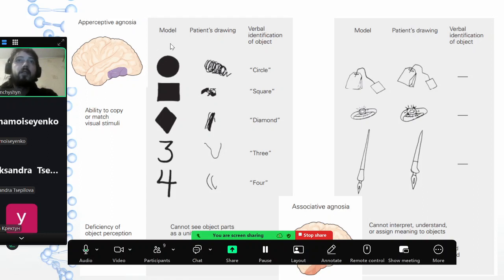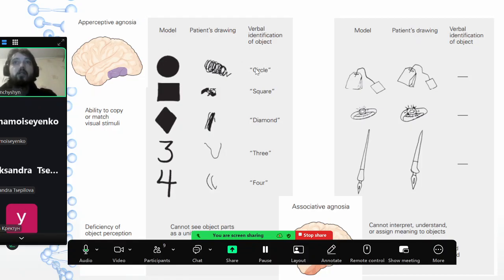And here you see the visual stimuli that were shown to the patient, and he was asked to copy them. And here you see the patient's drawings. So they totally do not look like whatever he was shown. What's interesting, if you ask him what he is seeing, he will give you a clear answer.